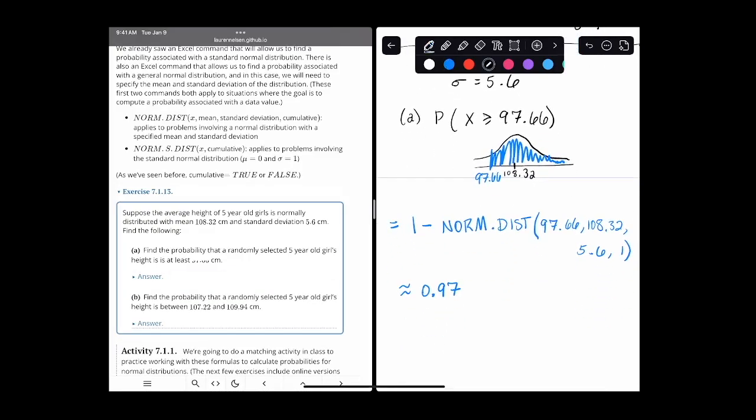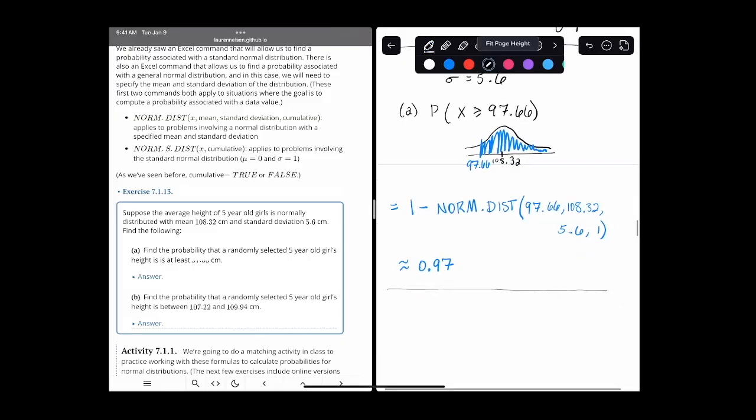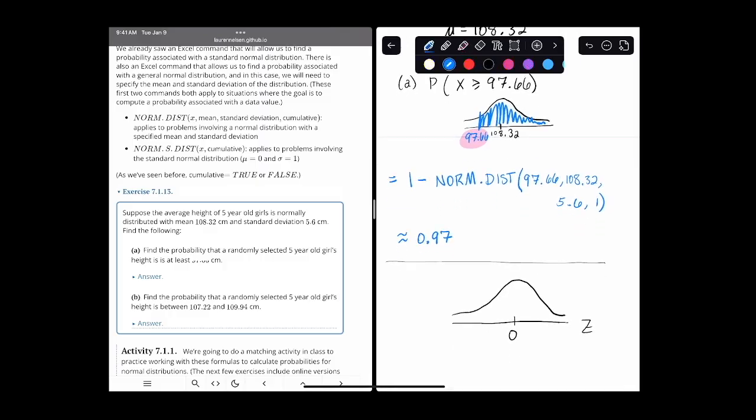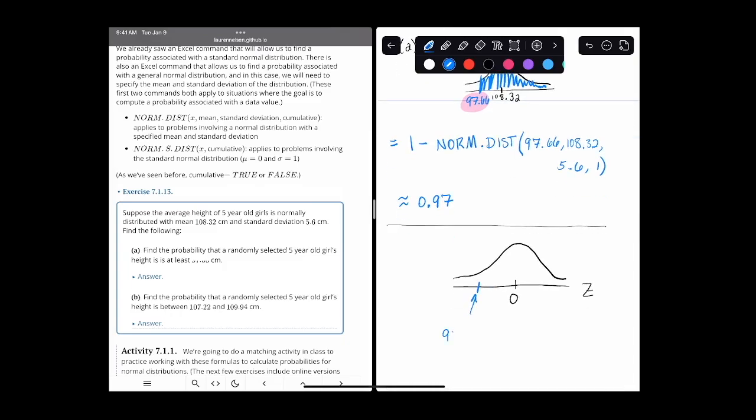A different way that I could have done this same problem is I could say, well, if I convert this to z-scores, then in the middle I'll have 0, and I could find the z-score for this 97.66. So to find the z-score of that number, I would do 97.66 minus my mean, and this is why I will have a negative number, because I have something smaller than that mean, and I would divide by my standard deviation.